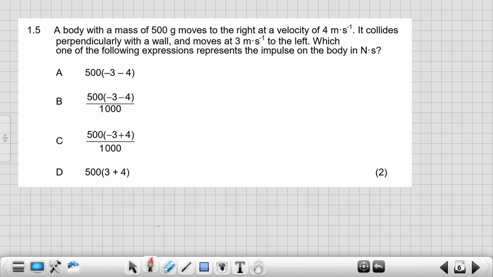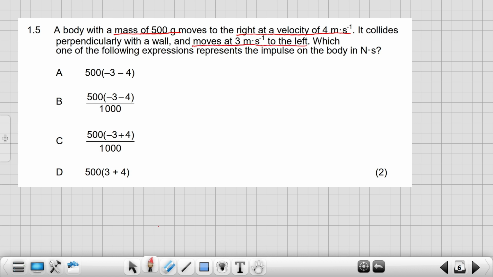Then at 1.5, a body with a mass of 500 grams moves to the right at a velocity of 4 meters per second. So I am given the mass, 500 grams. I am also given the velocity, 4 meters per second. It collides perpendicularly with the wall and moves at 3 meters per second to the left.